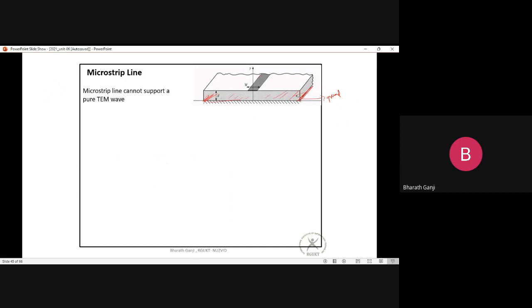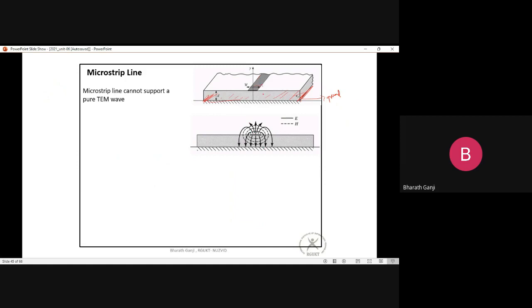The problem is, even though you see two metallic conductors here, I told you that usually a transverse electromagnetic wave can propagate. But the problem with microstrip lines is a pure transverse electromagnetic wave cannot propagate. Why? If you think about the field lines, usually the field lines start from the top plate and they end on the bottom ground plate, right?